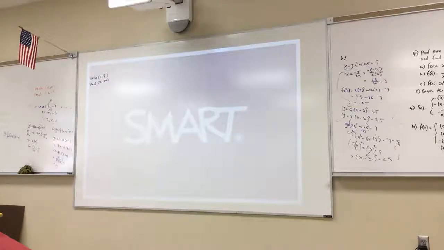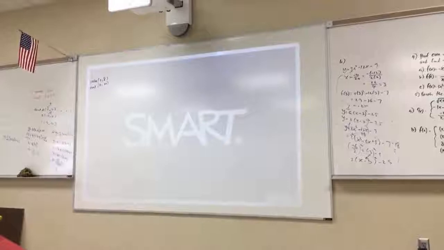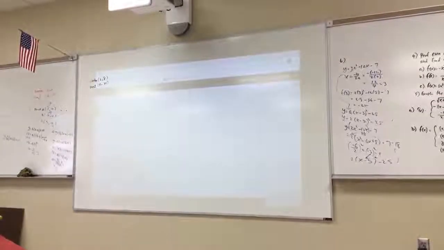Okay, so I'll give you an idea. Vertex form. My vertex is 2, 8, right? So I'm going to label this as the vertex. You see that vertex over there? This one's roughly at 2, 8.